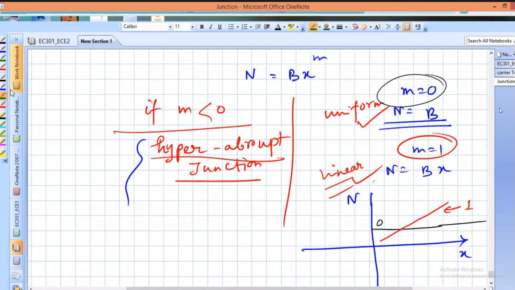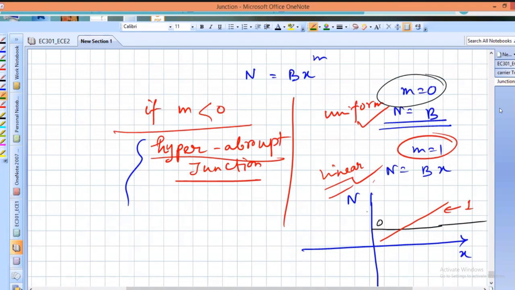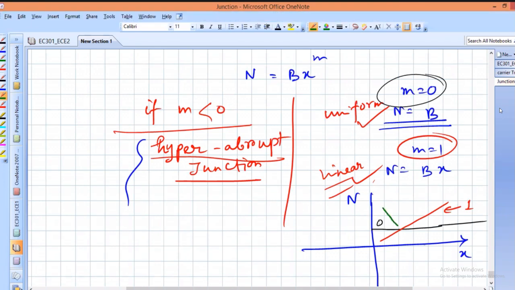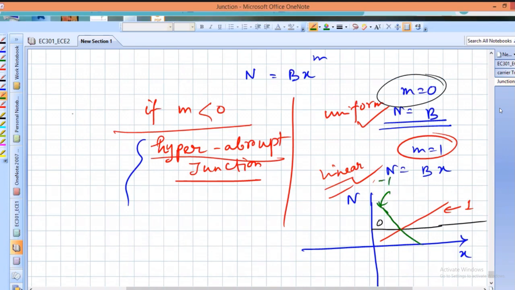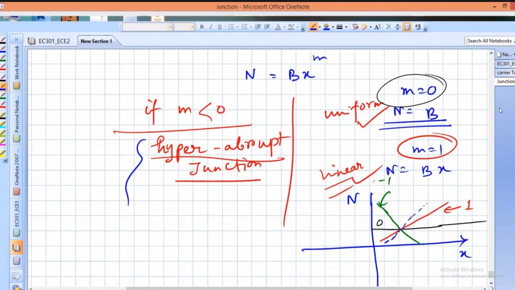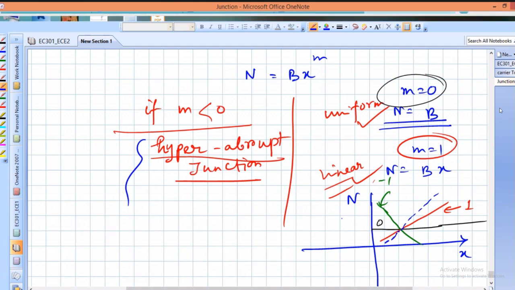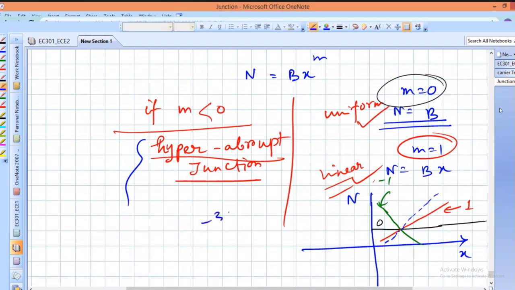If I consider m is minus 1, then what will be the nature? Like in that way, that will vary. It's the opposite of that. If I consider m is equal to 2, then it will be just like that. If m is minus 2, suppose I'm considering minus 3 by 2, then it is like that.